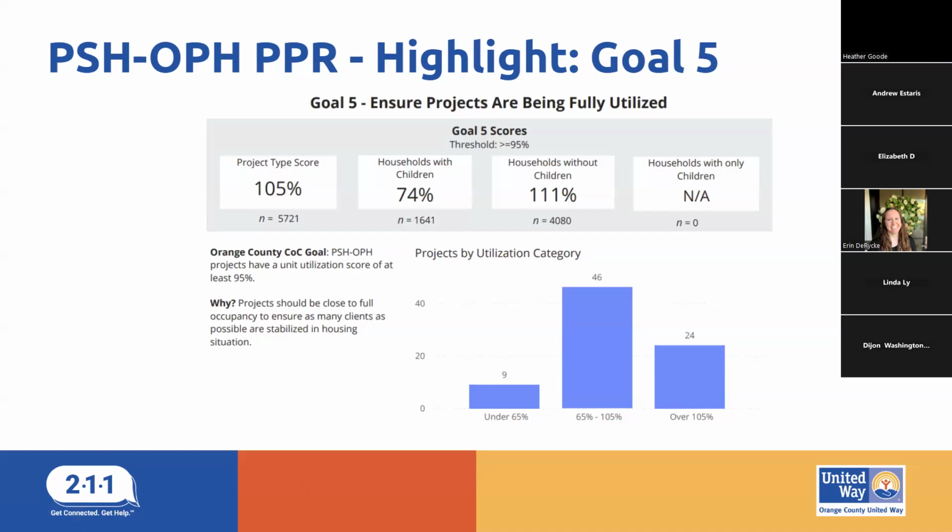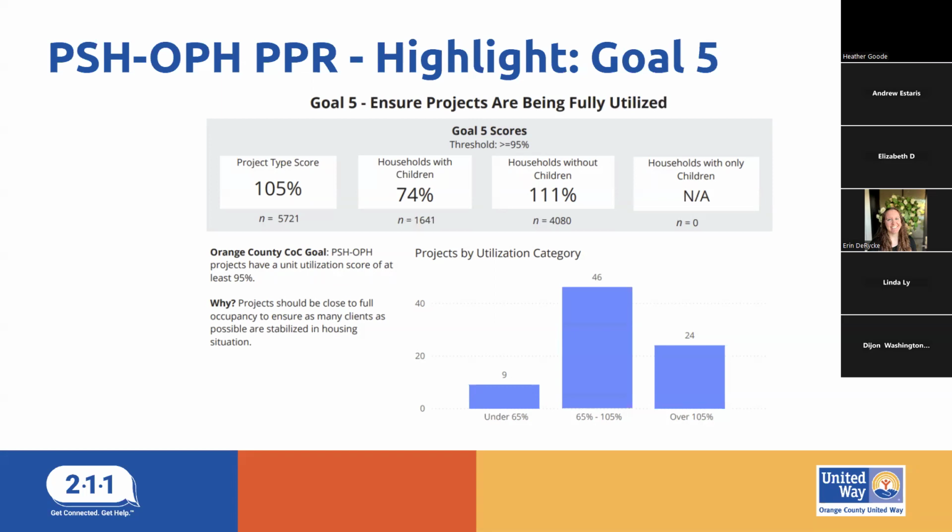I also want to acknowledge that there are some scenarios where you can see legitimate over 100% bed utilization. For example, projects with cribs will have skewed bed inventory, as well as tenant-based projects that might not have a strict bed number.